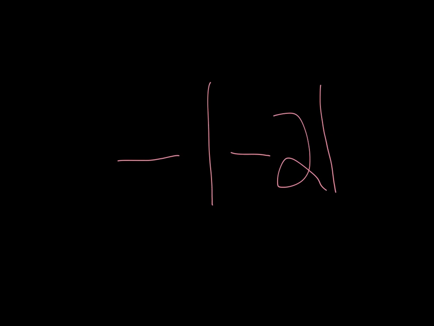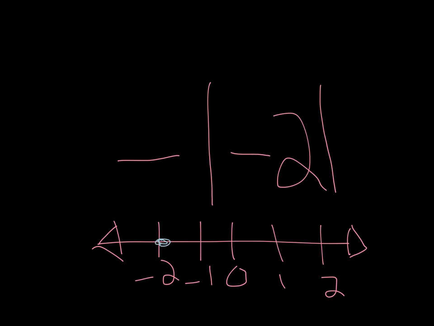We'll try one more. And let's say that they ask us for the negative absolute value of negative 2. Well, the first thing we will do is we will see how far negative 2 is away from 0. Well, here's negative 2 right here. Let's count how far it is from 0.